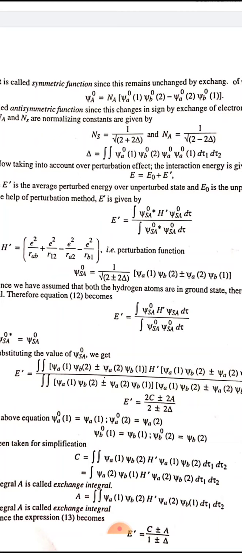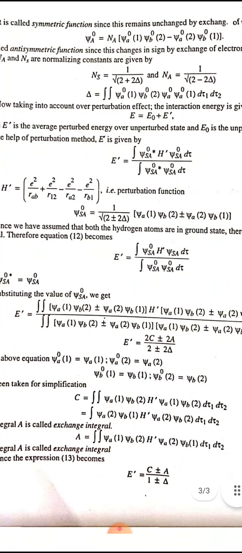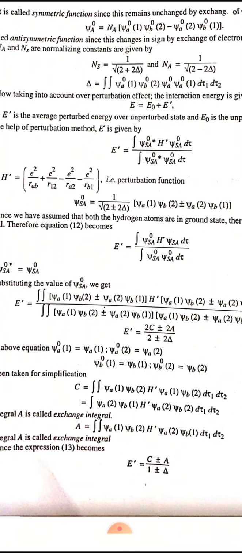S for symmetric, A for anti-symmetric. Therefore, delta equals the integral of psi A0 of 1, psi B0 of 2, psi A0 of 2, psi B0 of 1, d tau 1, d tau 2.